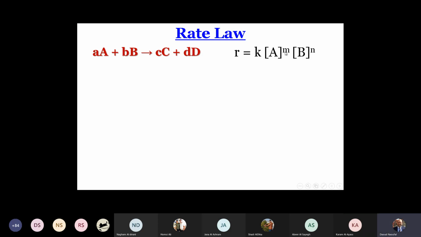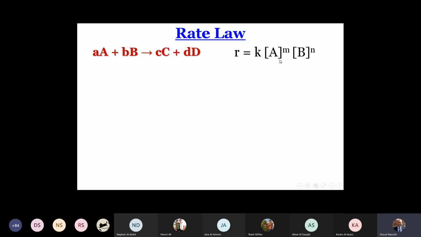What are m and n? For some reaction, you did an experiment starting at concentration of A equal A1, so you can obtain the rate of the reaction for this concentration. Suppose you repeat the experiment and initially you double the concentration of A. Also, the rate of the reaction will increase.